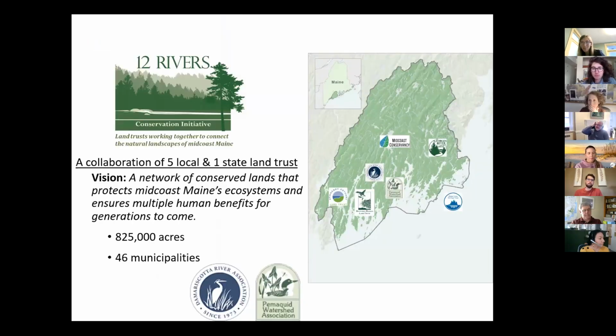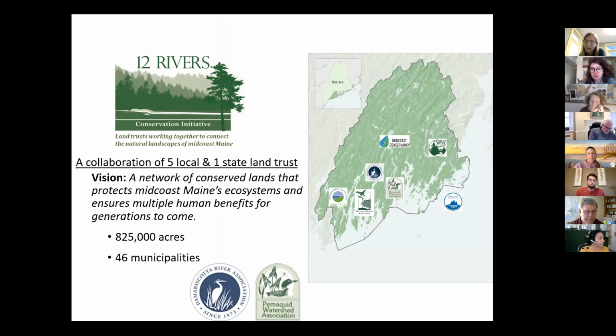So I had the chance to work as a circuit rider with this coastal resilience data with a group in Maine that is a collaboration of 5 local and 1 state land trusts. They call themselves the 12 Rivers Conservation Initiative.